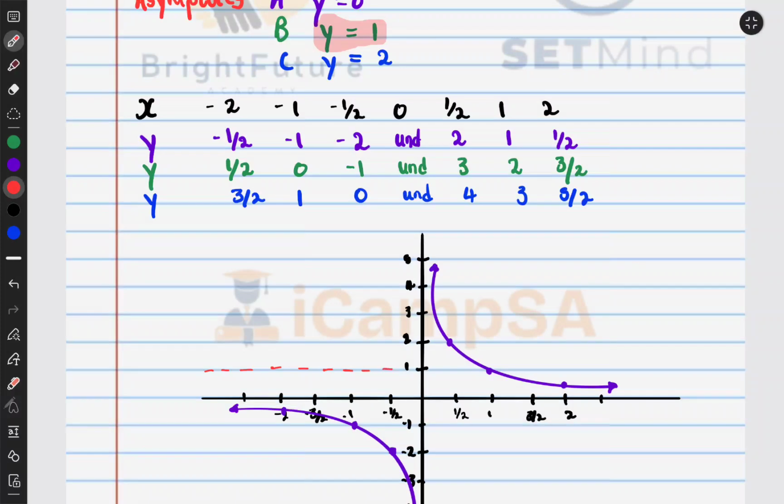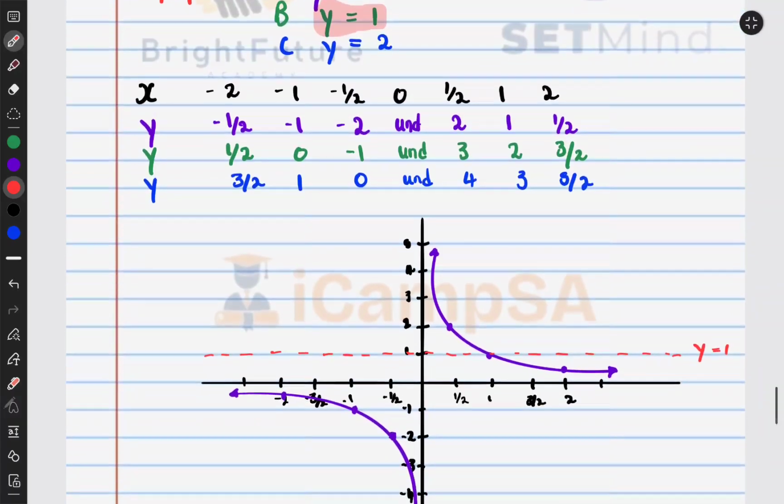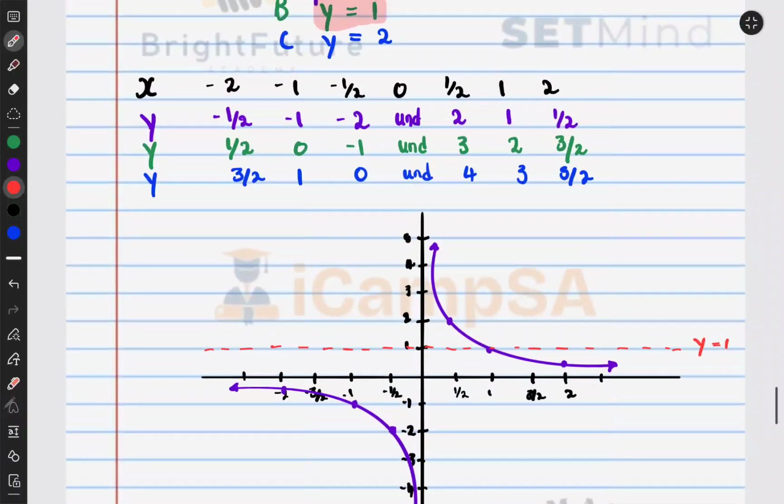We can just use a dotted line to show that's the asymptote, y is equal to 1 for the second function. Then we can plot the points. We know the y value that the function doesn't reach is y is equal to 1. Okay, let's plot the function.